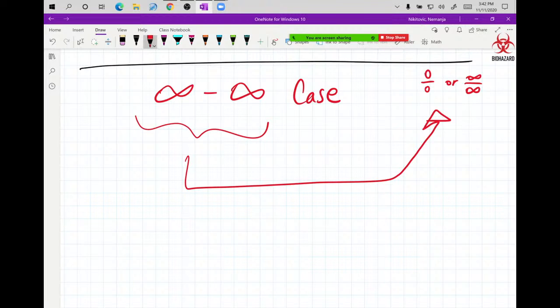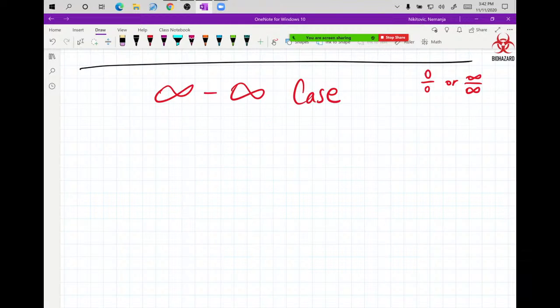You're essentially asking, how do I go from subtraction all the way into division? And the answer to that is factoring, and then also the previous step of 1 over f. So those will be used now to transform the infinity minus infinity case into these cases that we can easily solve using derivatives.